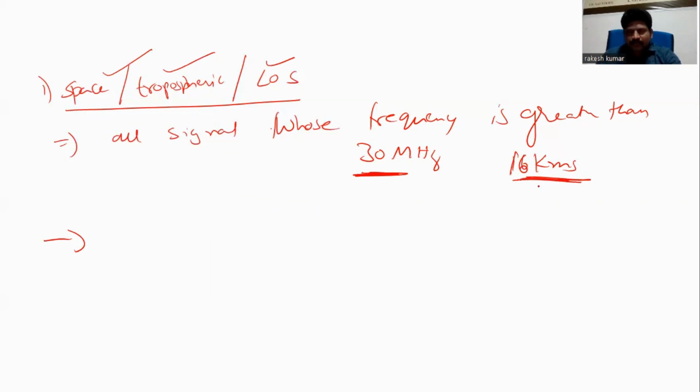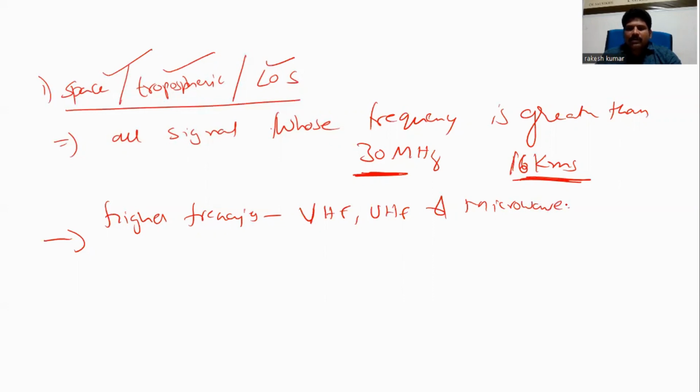Okay, so coming to space wave propagation, it is useful for higher frequencies, that is VHF, UHF, and microwave range, because surface wave and sky wave propagation both fail at these frequencies. Okay, so that's why we are going for space wave propagation.